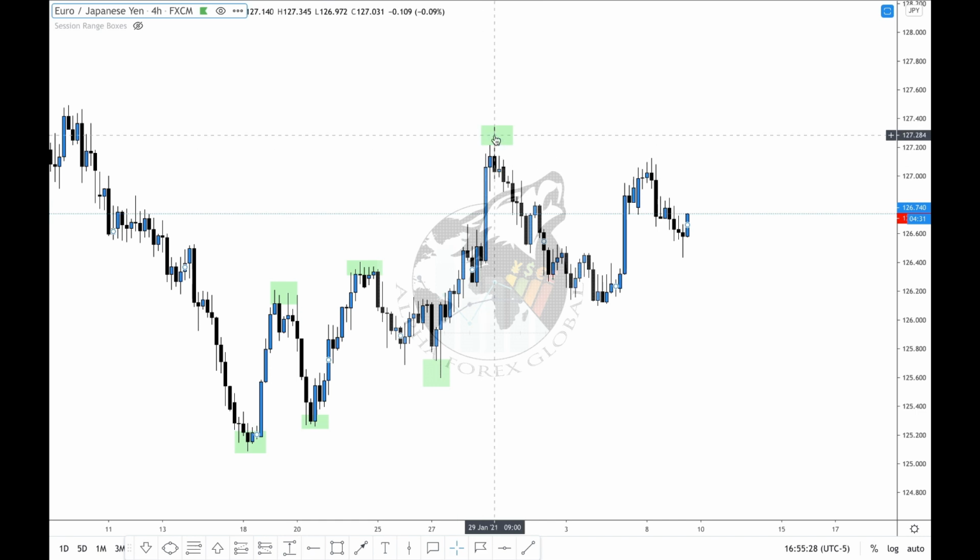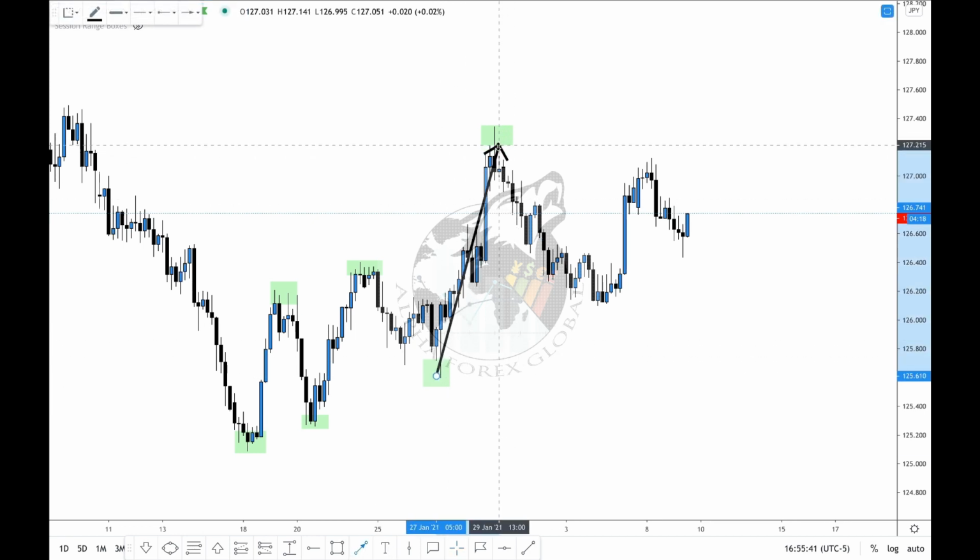And normally I go from my 4 hour to my 1 hour chart to just see what is happening within that 4 hour zone, within 4 hour structure. So what I mean by that is that this impulsive move right here is 4 hour structure, from this higher low to this high.